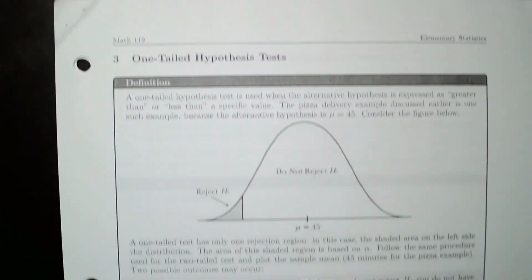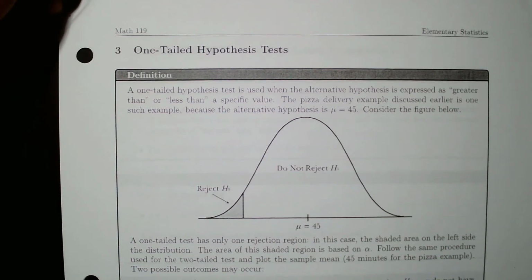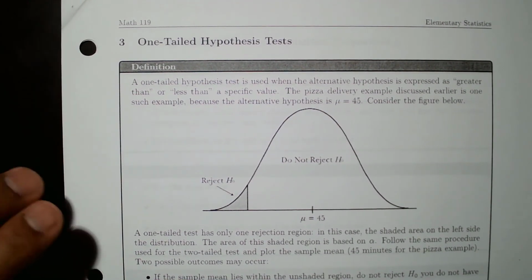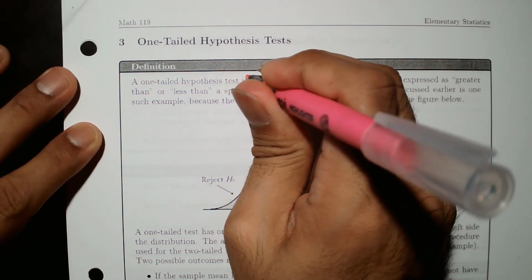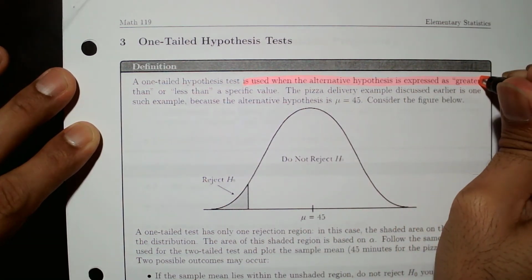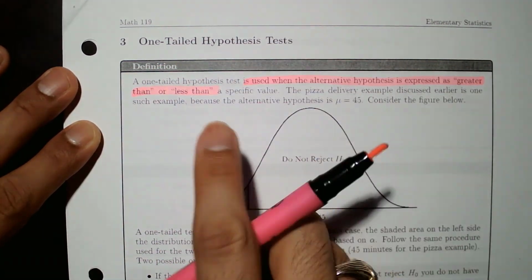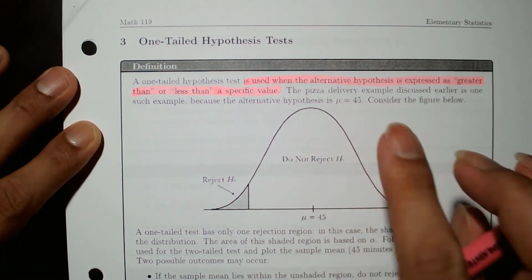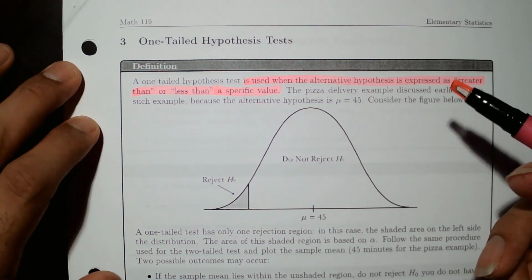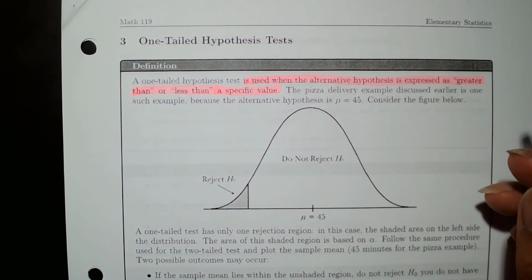All right, let's look at the next type: one-tailed hypothesis testing. That's used when the alternative hypothesis is expressed as greater than or less than a specific value, like the example of the pizza delivery or the light bulb, the ones that we did earlier in the previous few pages.